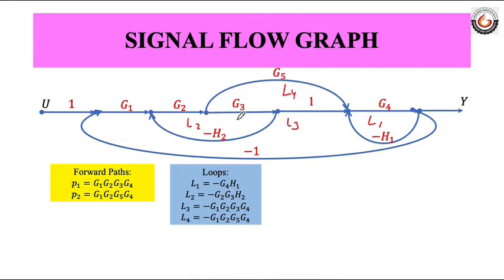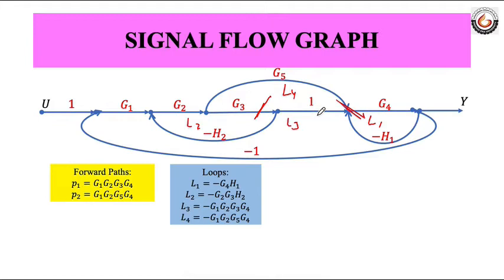We have L1 and L2 as non-touching, and if we observe, there is no other non-touching loop, because this loop and this loop are touching each other, this loop and this loop are touching each other, and this big loop is touching both of them, and this one is also touching. So all are touching each other except L1 and L2.